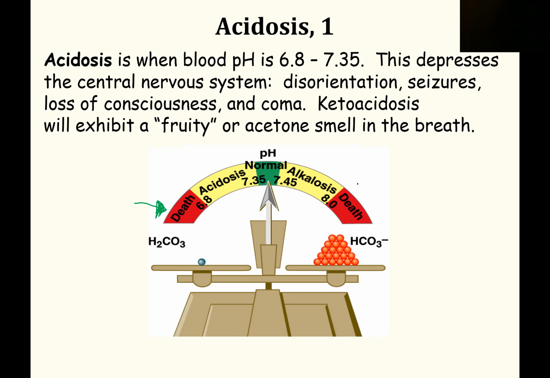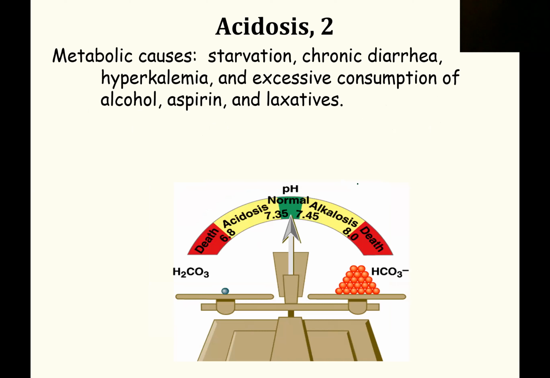So, causes of acidosis. We typically have them divided into metabolic causes and respiratory causes. Metabolic causes. Starvation. When you starve yourself, your body starts breaking down ketones, and that goes back to that ketoacidosis.